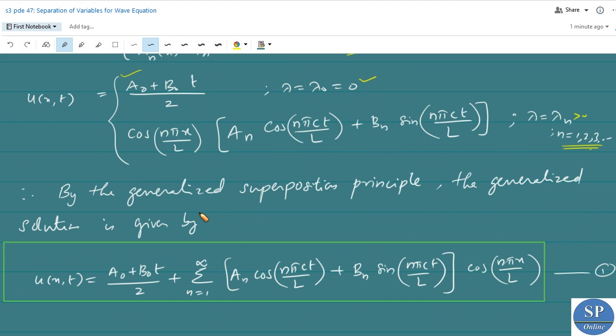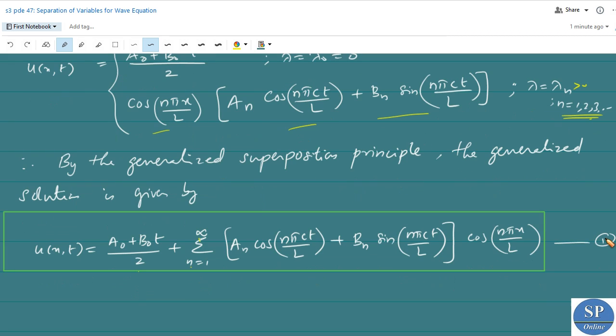So the generalized solution will be obtained by adding all these solutions. So our generalized solution will be u of xt is equal to a naught plus b naught t divided by 2 plus summation n from 1 to infinity, an cos n pi ct by L plus bn sin n pi ct by L into cos n pi x by L. So we have infinitely many terms in this solution.